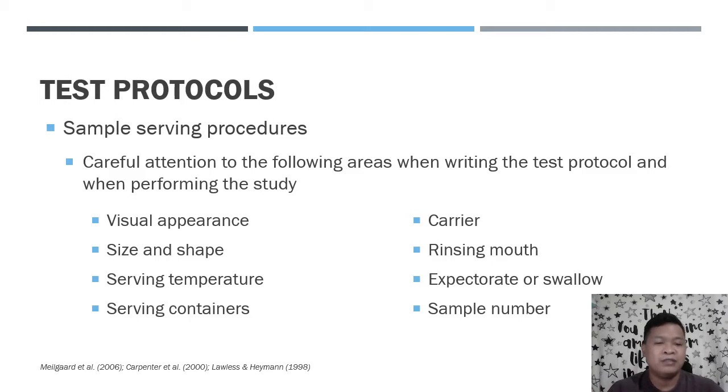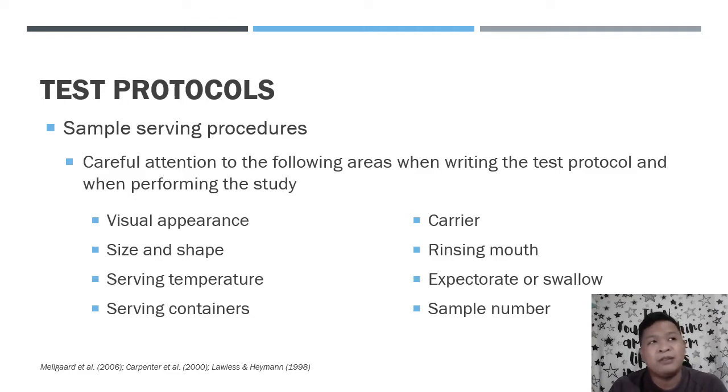Okay, if you have serving containers, they should obviously be the same all throughout the test, whether they be reusable or disposable. It should be of one color for all panelists. When we say carrier, this refers to the things that are normally eaten with your sample.